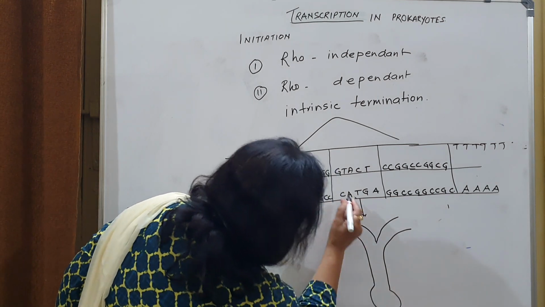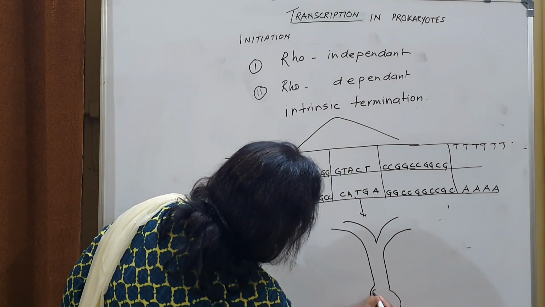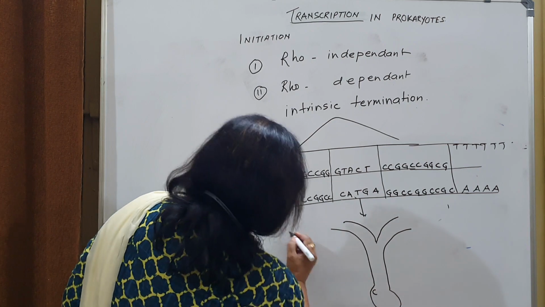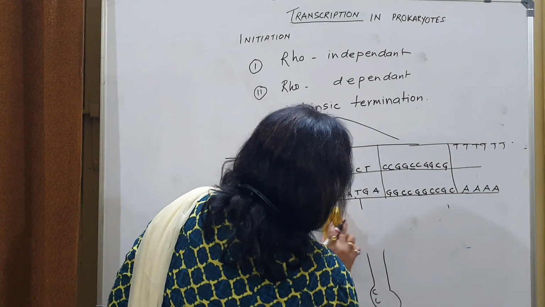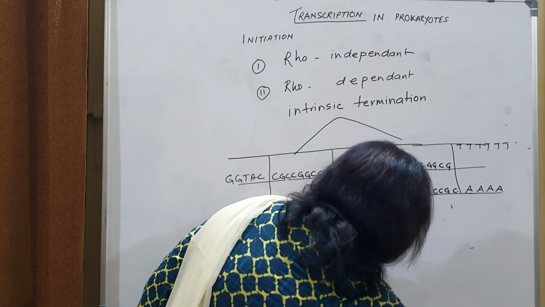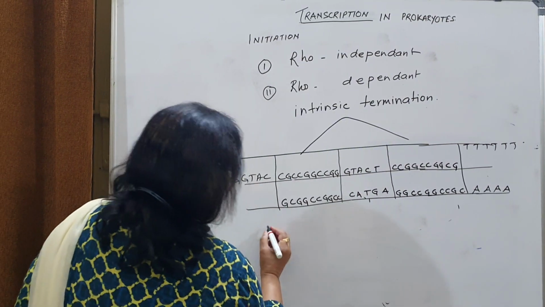This will be, as it is a RNA, it will be formed. Yeah, before that, let me tell, this is a DNA sequence. So first we'll form an RNA corresponding to it.